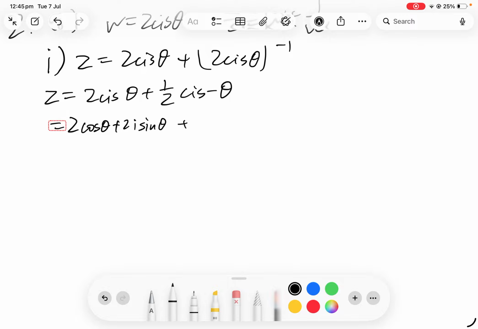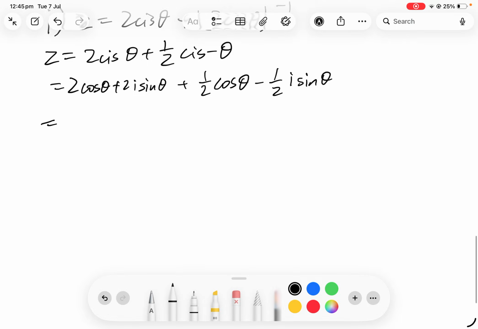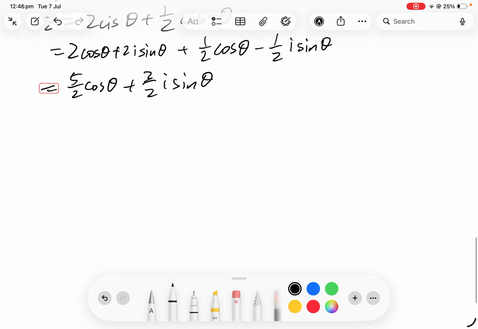So we can write a half cos theta, and for the sine it'll be negative because sine of negative theta is negative, so minus a half i sine theta. Then we can combine them, and that makes 5 over 2 cos theta plus 3 over 2 i sine theta. Yep, that's it for part 1.